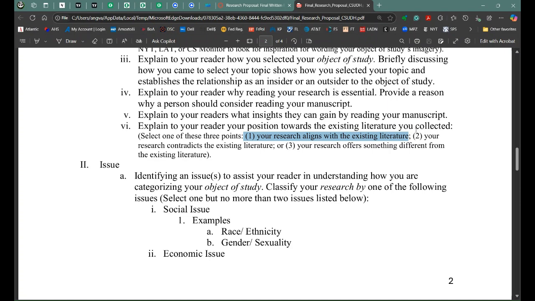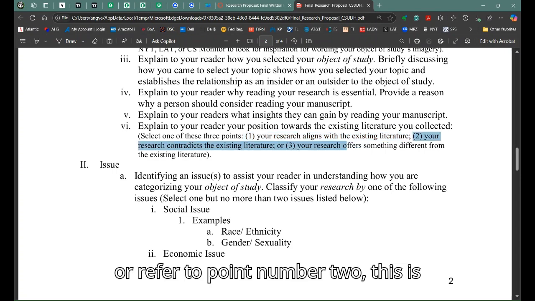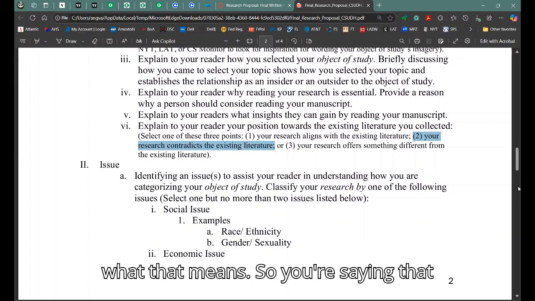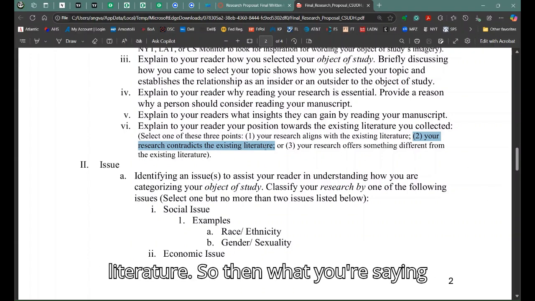Okay. And then if you decide to refer to point number two, this is what that means. You're saying that your research contradicts the existing literature.